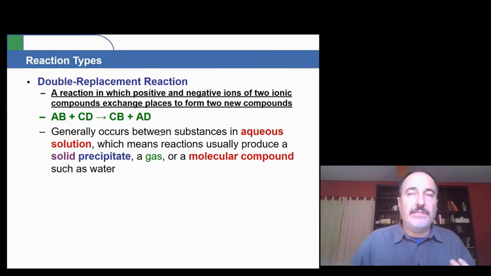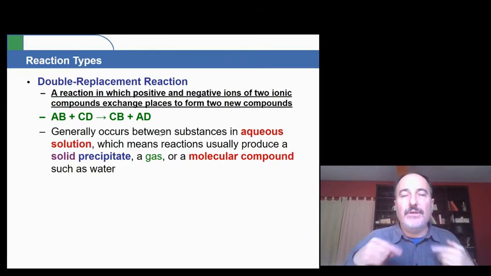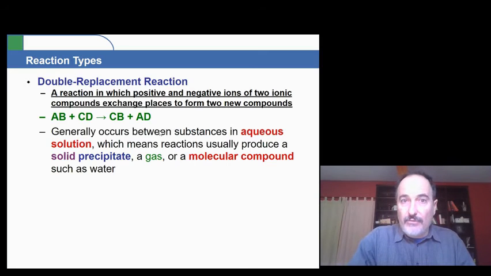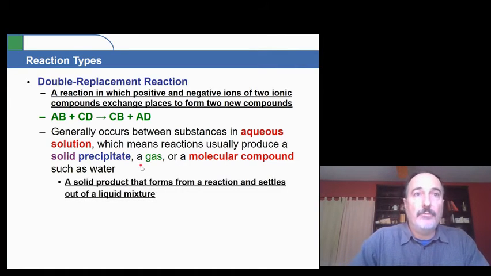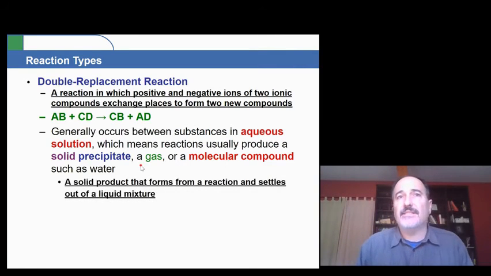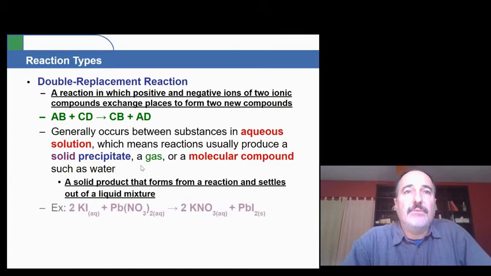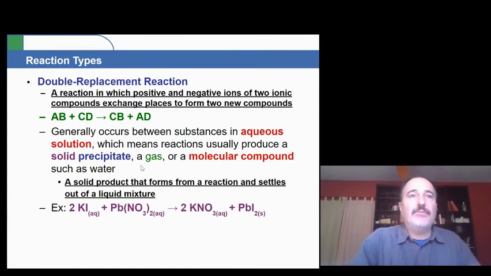And when they're in aqueous solution, if a double replacement reaction takes place, you can tell, because usually either a solid precipitate forms, a gas forms and comes out of solution, or a molecular compound such as water forms. Remember, a precipitate is a solid product that forms from a reaction and settles out of a liquid mixture.